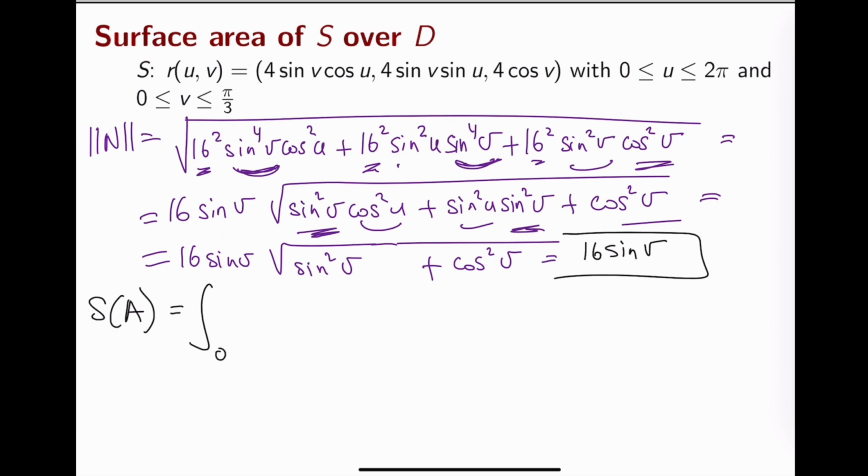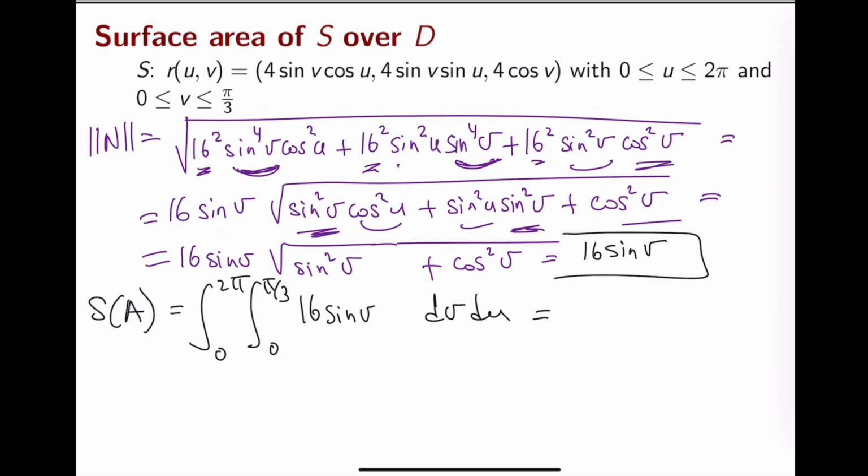It's going to be 0 to 2 pi, this is the variation of u, and the integral between 0 and pi thirds, this is the variation of v. And the function that we have to integrate is the norm of the cross product that we just calculated, and that is 16 sine of v.